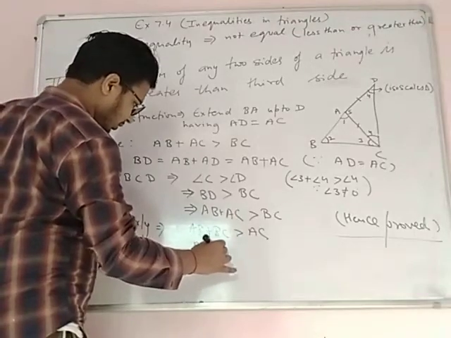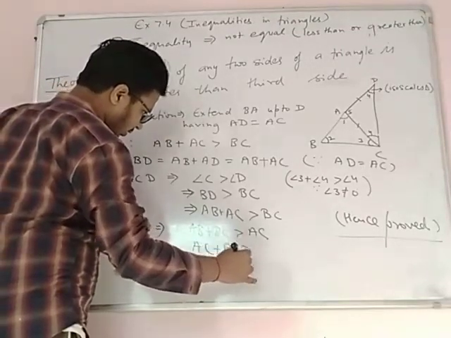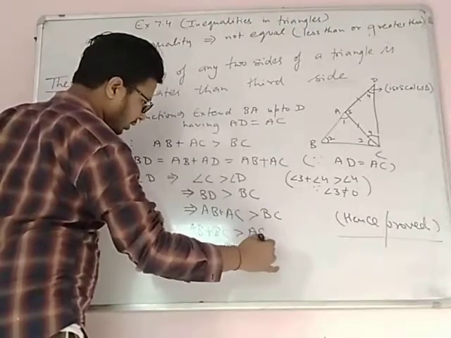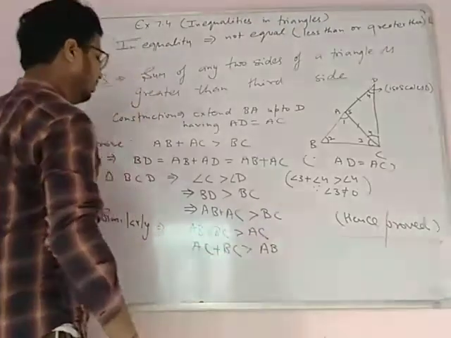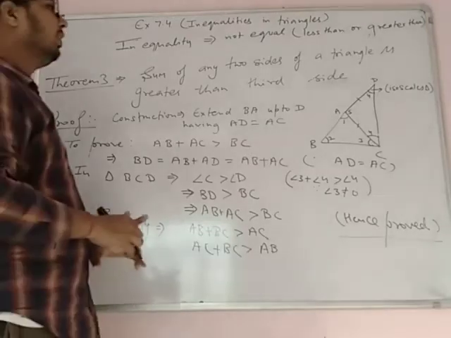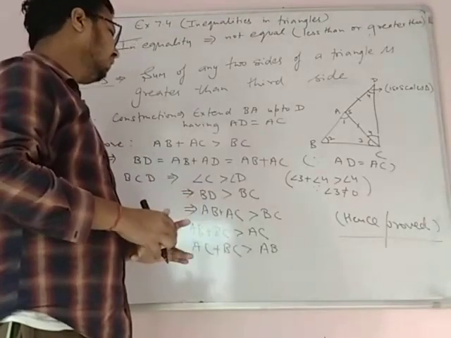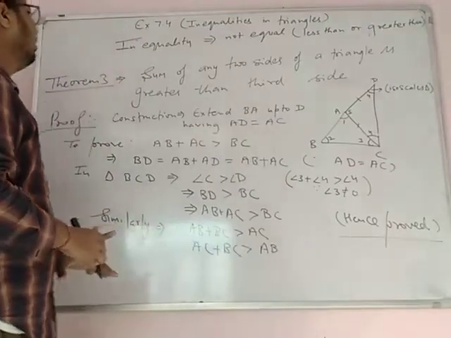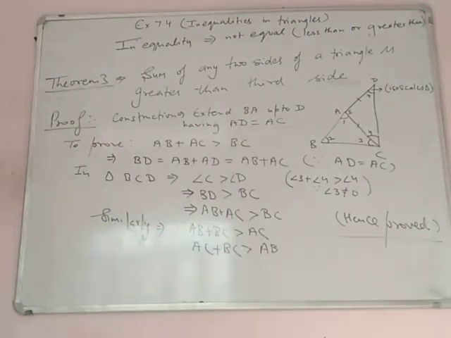AC plus BC is also greater than AD. कोई भी two sides का pair, sum of two sides, any two sides is greater than third side. Clear about that? Now we will see the questions.